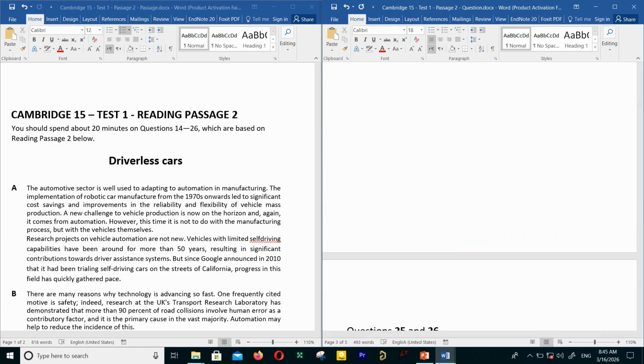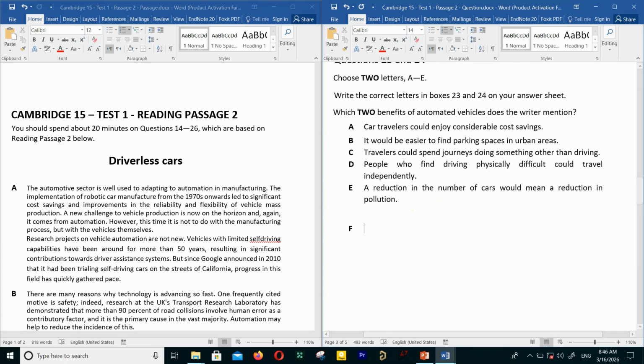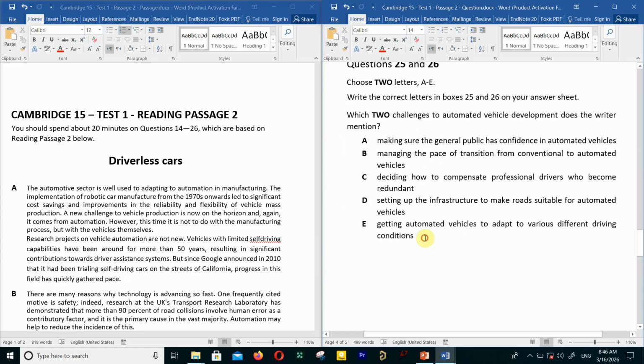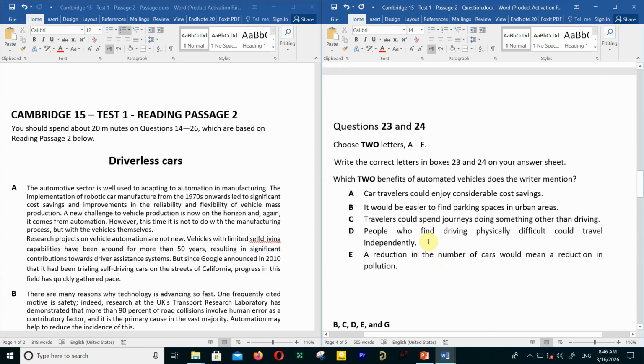B, C, D, E, and G. These are all the paragraphs that we include for our matching information. So what is the keyword for this? Let me just consider this for this type of questions, because you have two different sets. These are the paragraphs for that matching information.